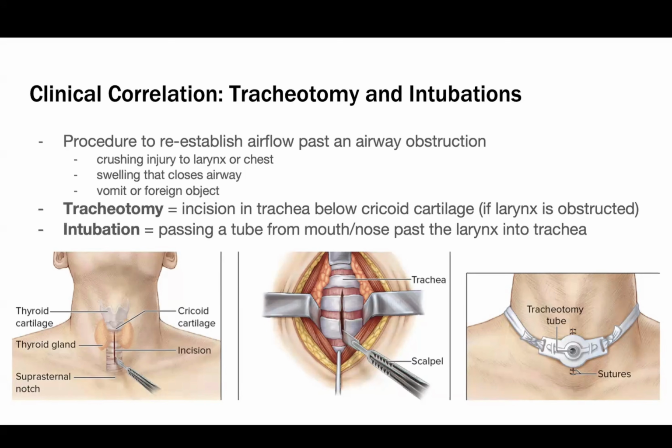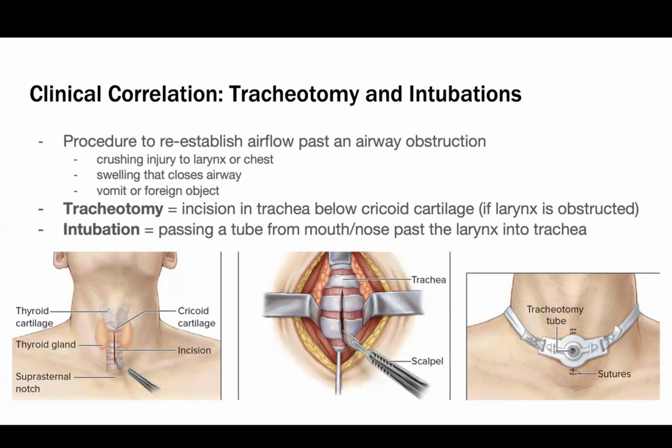They're like, but why would you want to do this? This is typically done to bypass an obstruction in the upper airway, and if you want to do it really fast. So think if someone's airway is closing up from a crushing injury to the larynx or the chest, or if there's an acute severe swelling that closes the airway.